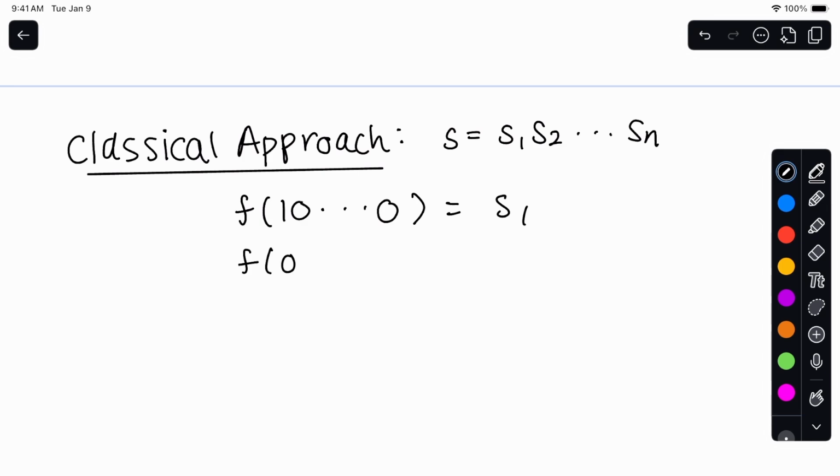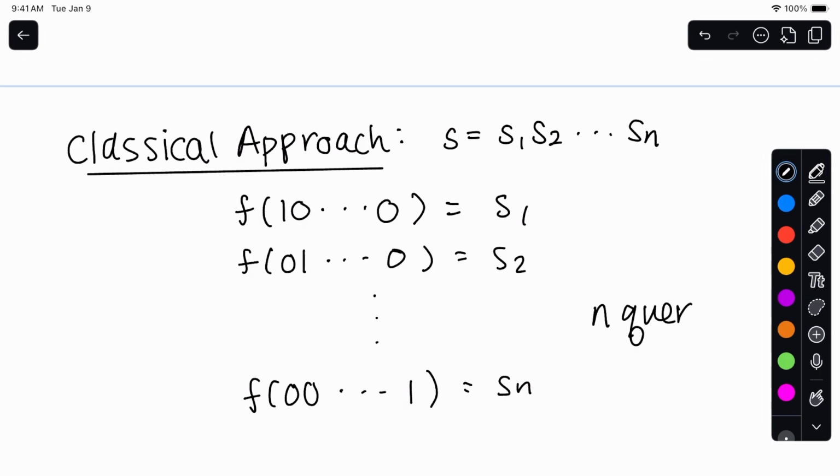You can do the same thing to get s2, and so on until you get all the way to sn. So after you've done that, you've completely built up the string s, and you're done. So that took n queries.